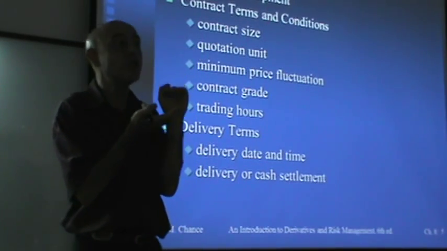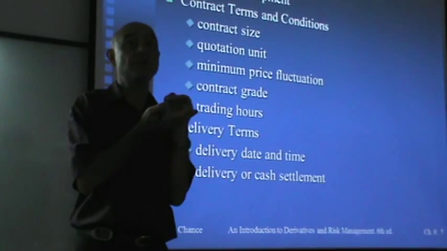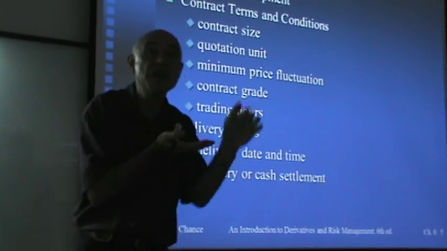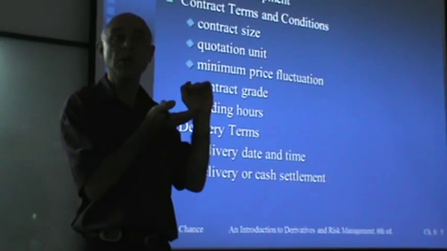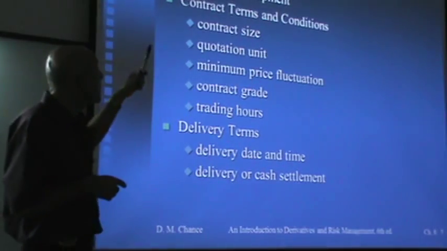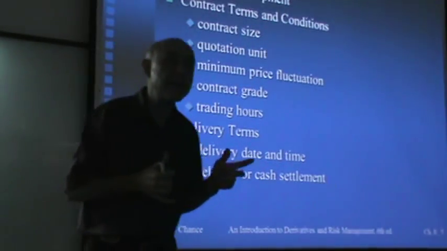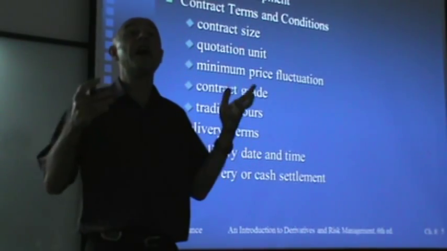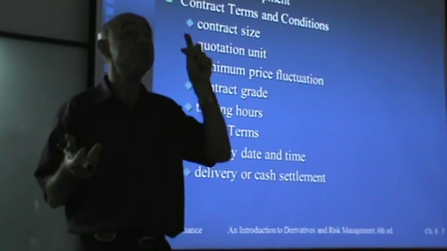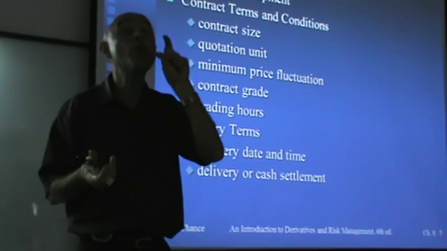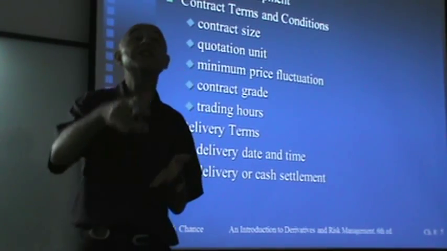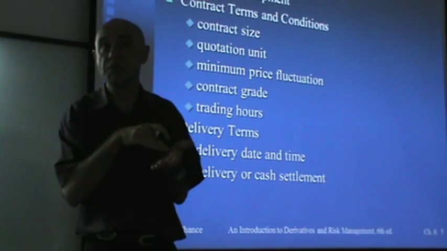The mini contract will be 33 ounces of gold, so it could be 3 times smaller. The silver contract I mentioned already is 5,000 ounces, but the mini silver contract is 1,000 ounces. So it is 5 times smaller.